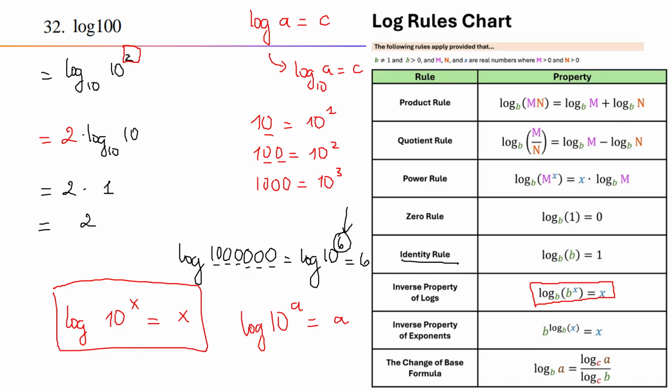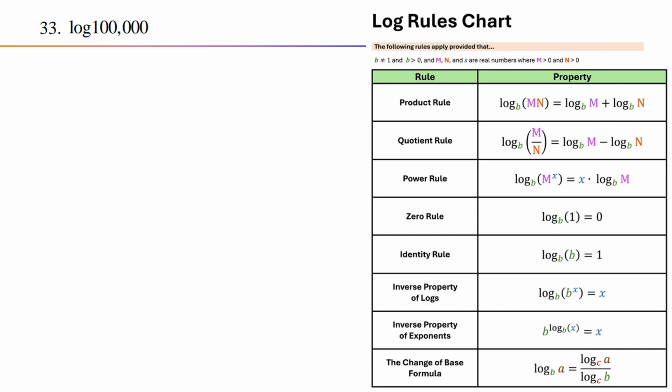In this case, the base is 10, but you can see log base 2 of 2 to the power of 10 is 10, because the 10 is matching that exponent. So this is the inverse property of logs. By using that, this one is easier, right? So we count 1 2 3 4 5, it is 5. Done.